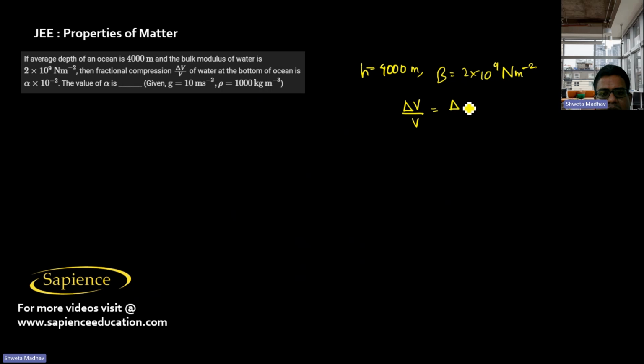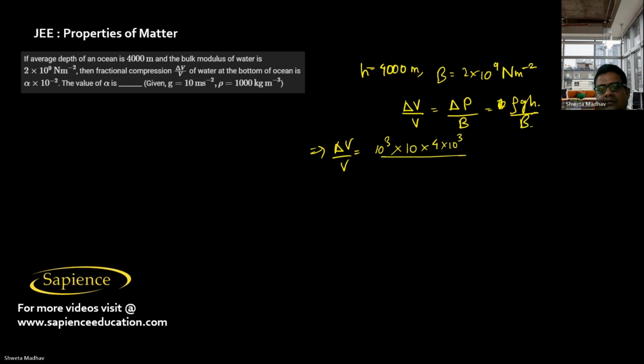So delta V by V is equal to delta P by B. So delta P is rho GH, divided by B. That is rho, the density, 1000, 10 power 3, into G, that is 10, into H, it's 4,000, 4 into 10 power 3, by B, the bulk modulus of the water, 2 into 10 power 9.